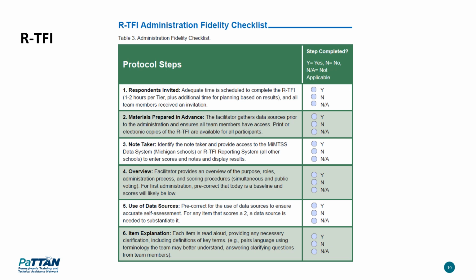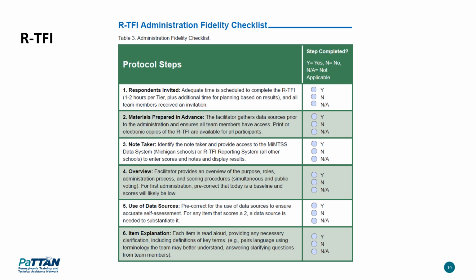In both versions of the R-TFI, the elementary and the secondary version, you will find this administration fidelity checklist. This is our opportunity to go through and identify, did we follow protocol? Yes, no, or just not applicable.